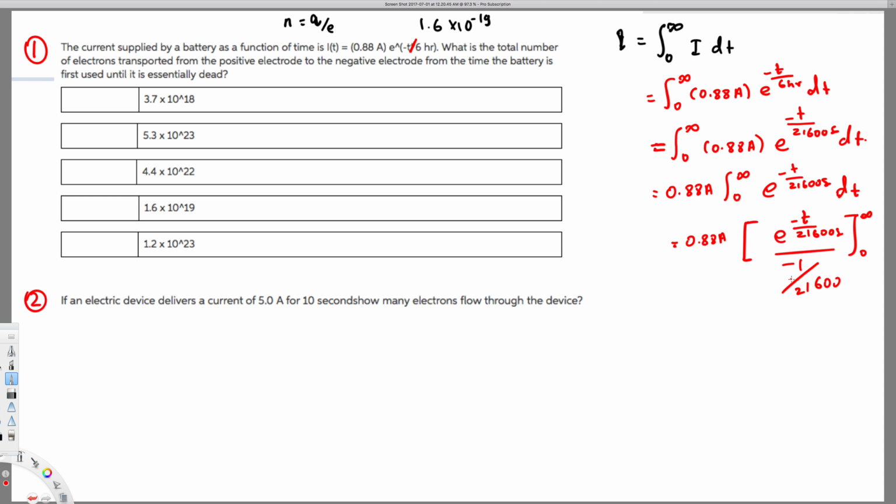We can move the negative to the front, and the 21,600 is flipped and goes to the top.